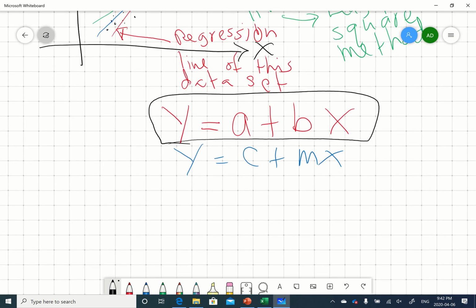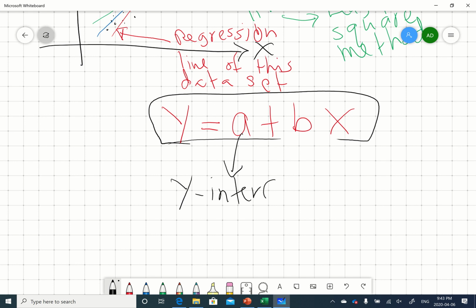So a stands for the y-intercept and b stands for the slope of the straight line.